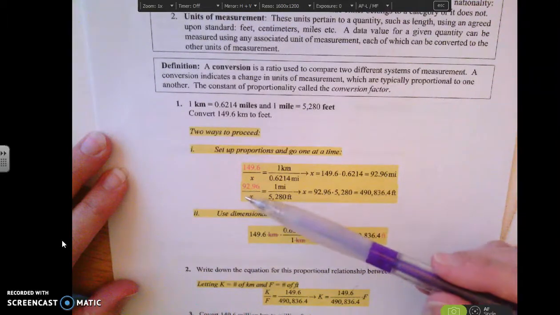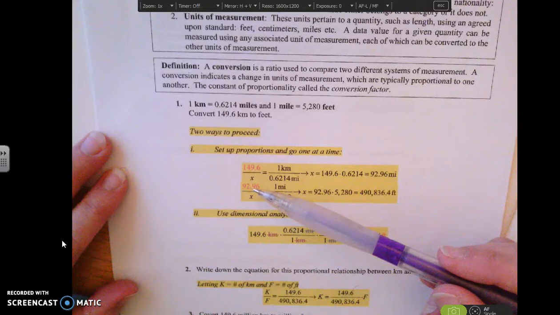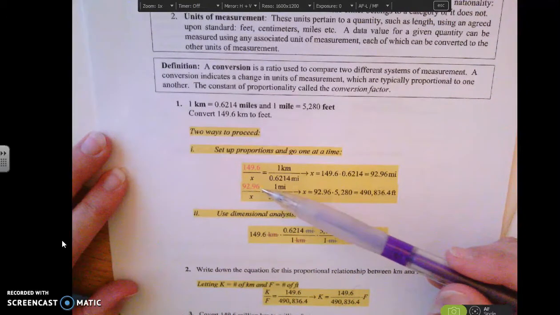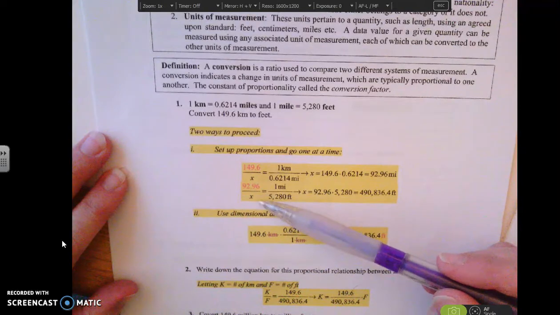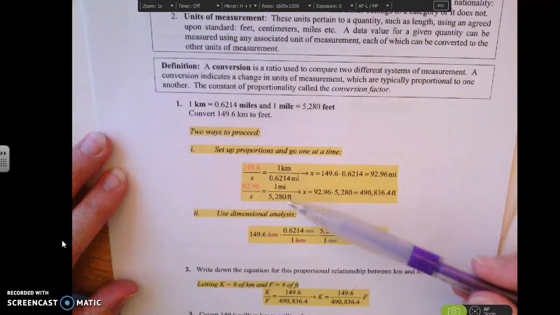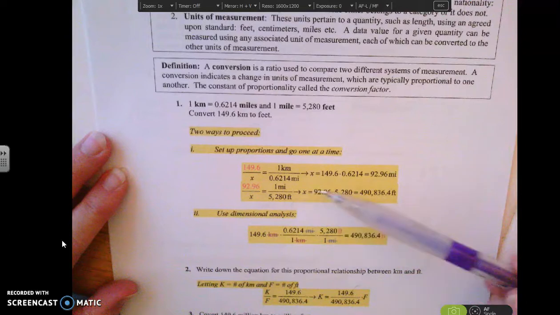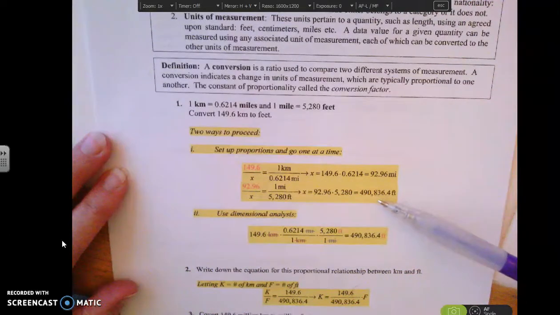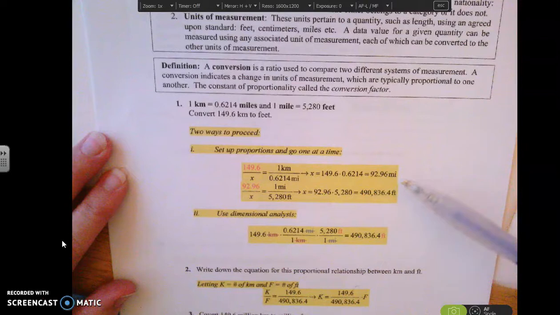So now we need to get from the miles to feet. So we're going to take the 92.96 miles over feet and do 1 mile over 5,280 feet, and we end up with 490,836.4 feet. So what we did is we did this in 2 steps. We calculated the miles, then we calculated the feet.